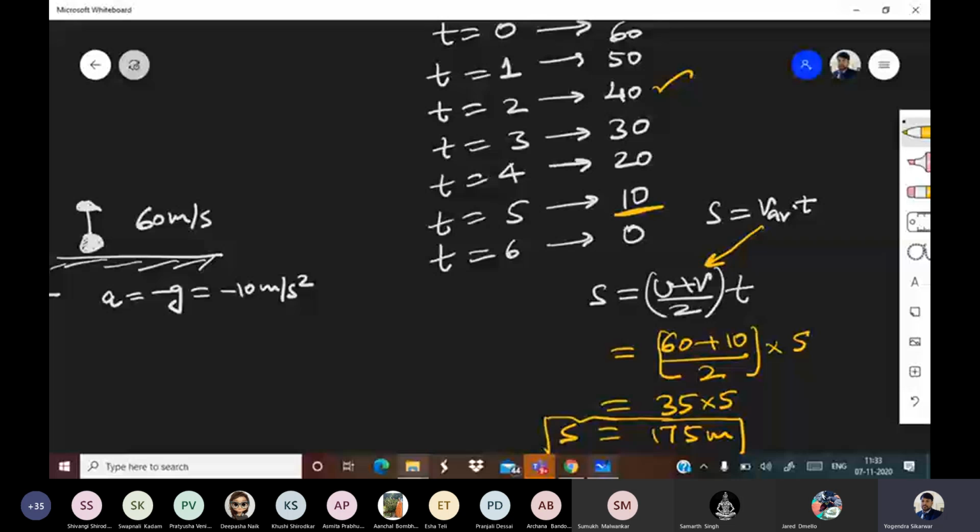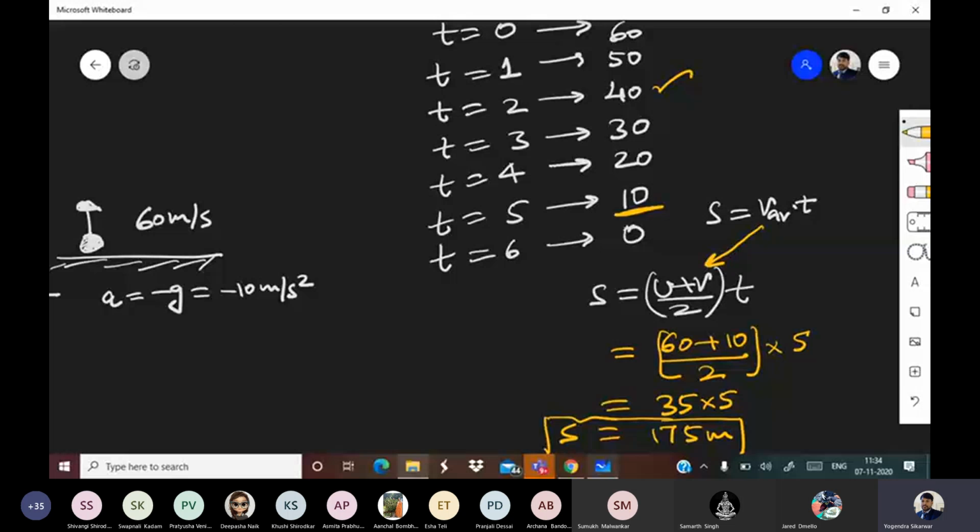So basically using this method, number one, you can find velocity at every second. Number two, you can find height at every second without doing calculation using pen and paper. All this calculation which is required, you can do it in your mind, in your brain, without using pen and paper, right?